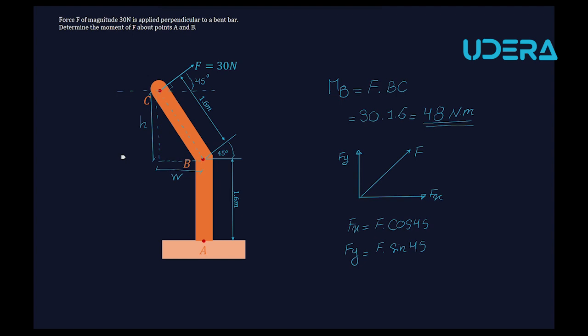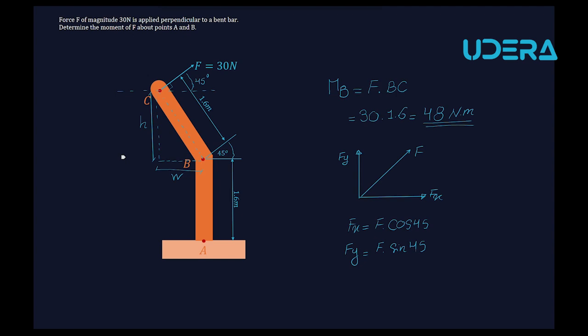The vertical portion, the measurement is known, which is 1.6 meters. I know the dimension of the bent part, but that dimension doesn't work in the case of the moment about point A, because I have to find H and W.